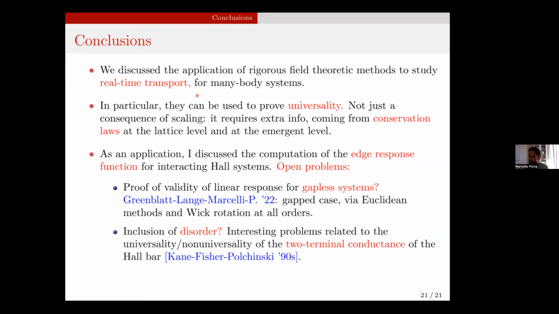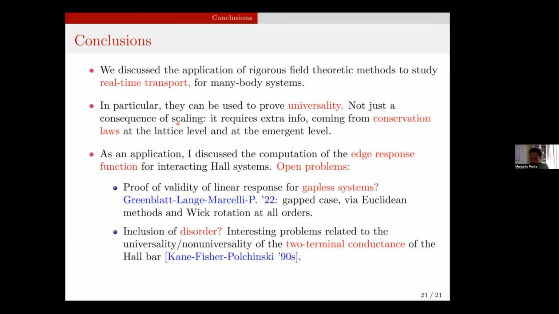In our case, we had them because of the Luttinger liquid. Then use the general information you have from conservation laws to constrain all the parameters that you accumulate along the way and to actually show cancellation. This is how it worked for the case study I presented. And then, of course, there are many open problems that are left to be studied.